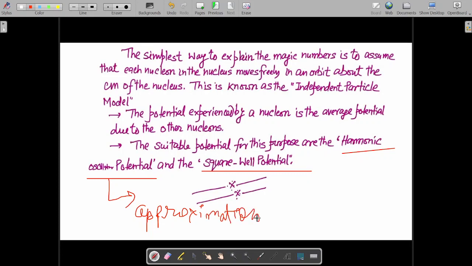This is because the nucleus is a multi-body problem, since we have a number of nucleons.